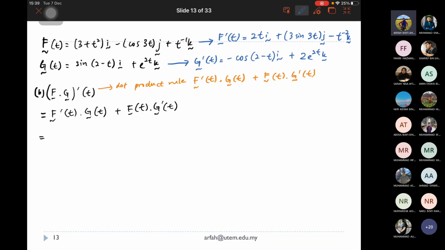Okay, thank you Jayton. So the next one, f prime t darabkan, that means awak ambil 2t darabkan dengan sin 2 tolak t. So I darab I, J darab J and K darab K. So dia akan dapat equal to 2t sin 2 tolak t. Okay, and then 3 sin t J tak ada sebab this one is actually plus 0J.